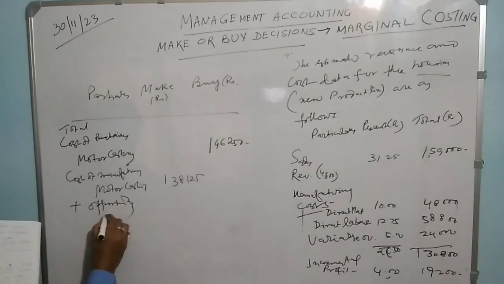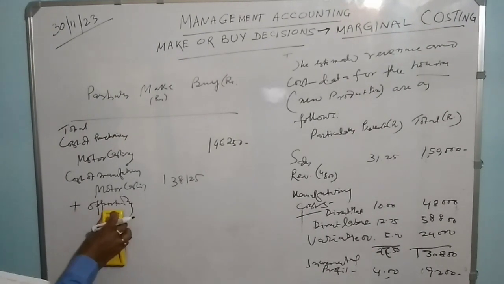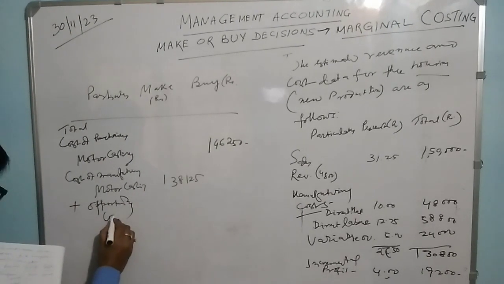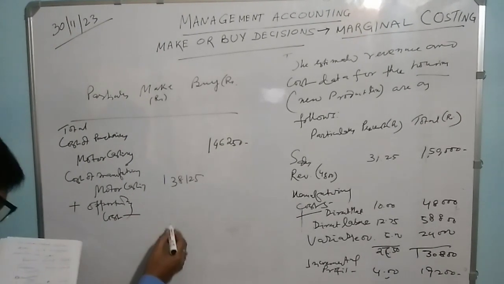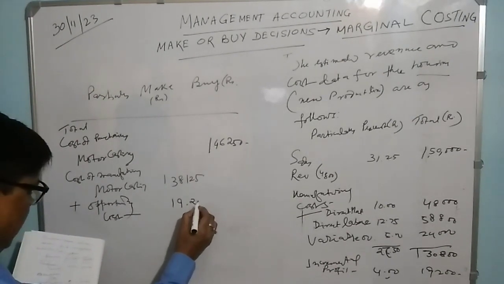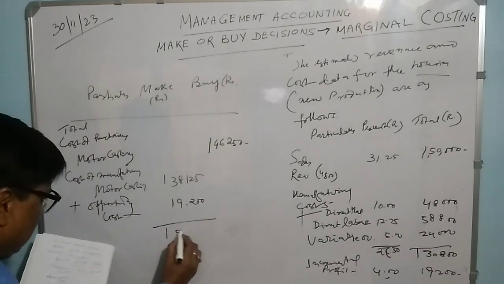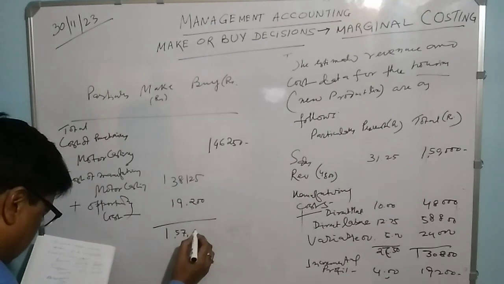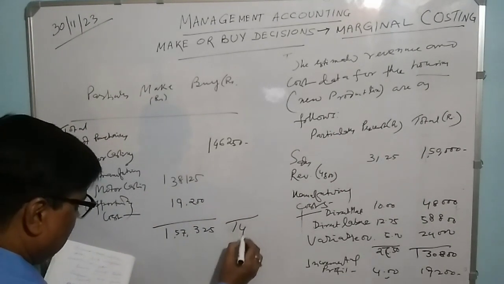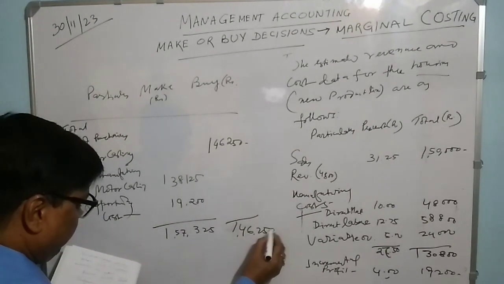You see that? What is the opportunity cost that we have explained in the course of discussion of my problem? That opportunity cost is 19,200. So here your figure will be 1,57,325, and here this will be 1,46,250.